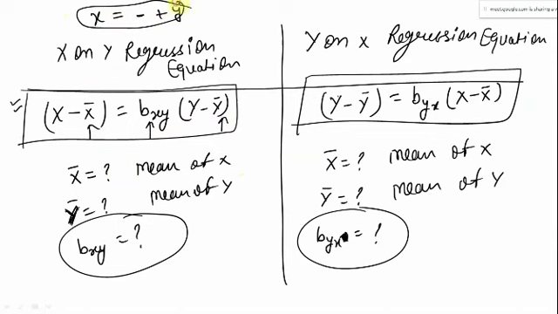This will be called x on y regression equation. We'll be putting y bar over here, byx over here, x bar over here and simplifying it and getting it in terms of y is equal to something plus or minus whatever it is x. This will be y on x regression. So is the concept clear with everyone? Yes, sir.